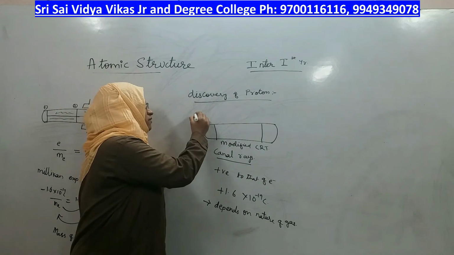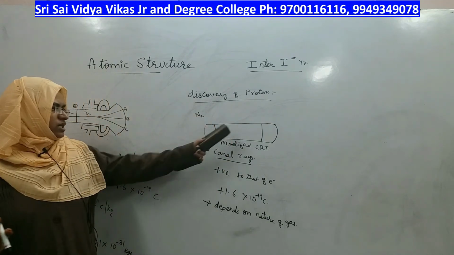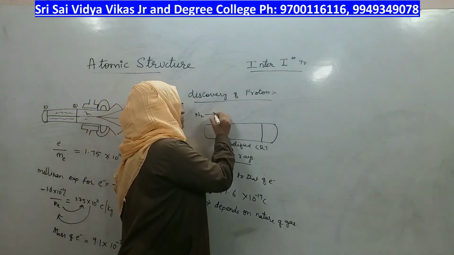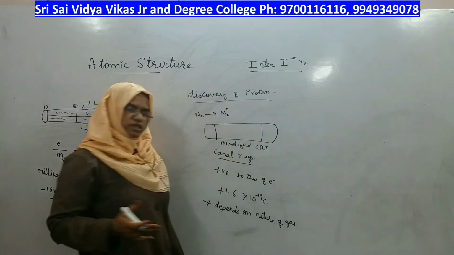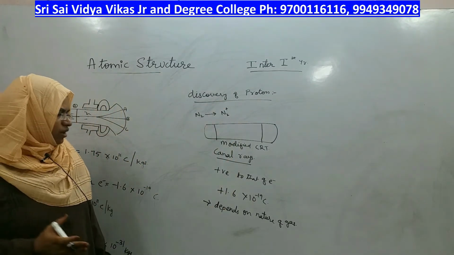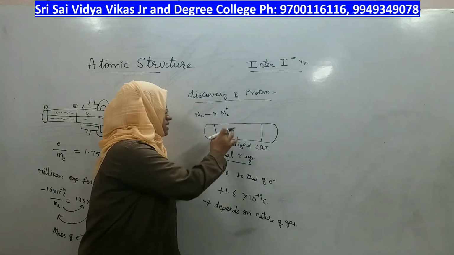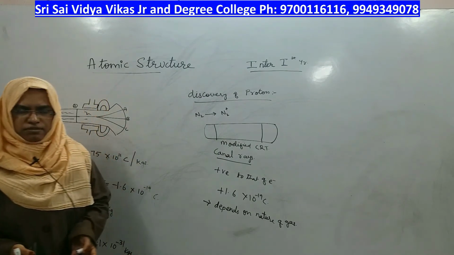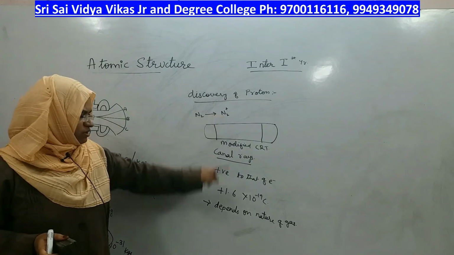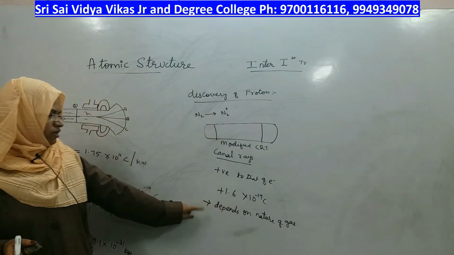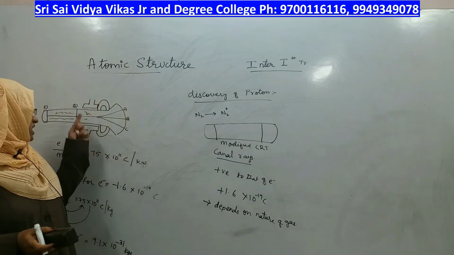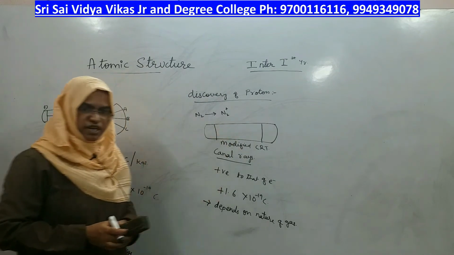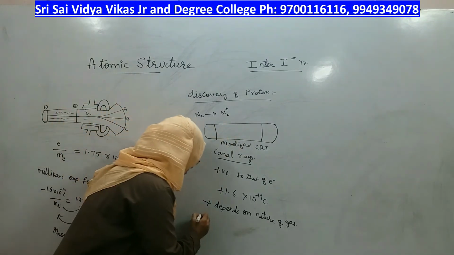Suppose one of the gases inside the tube is nitrogen gas. The moment you start the experiment, the gas molecule becomes a gas ion, which will of course be positively charged. Now the proton has a positive charge and the gas ions present inside the tube also have a positive charge, so having the same sign, they repel each other. So is it influencing the nature of the proton or not? Yes. Therefore the electron was not dependent on the nature of the gas, but the proton depends on the nature of the gas present inside the tube. That is one difference between the electron's behavior and the proton's behavior.